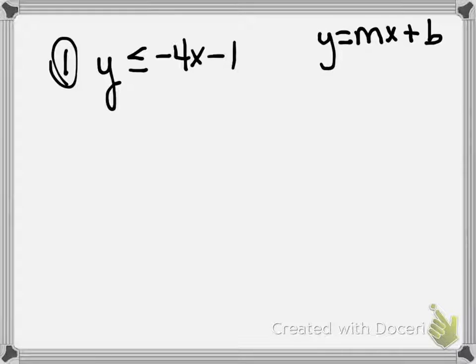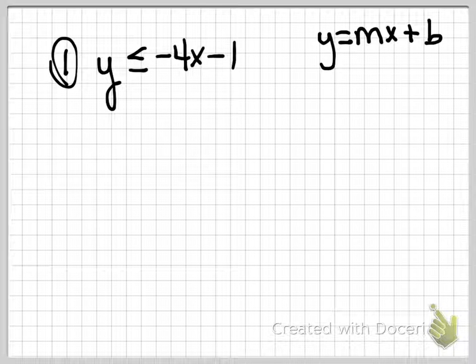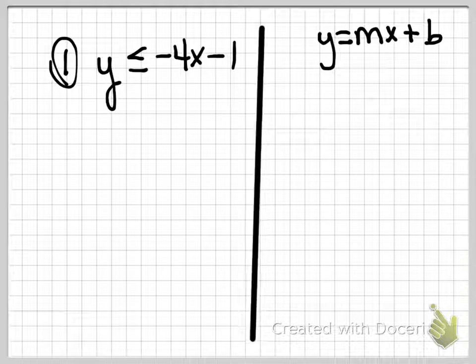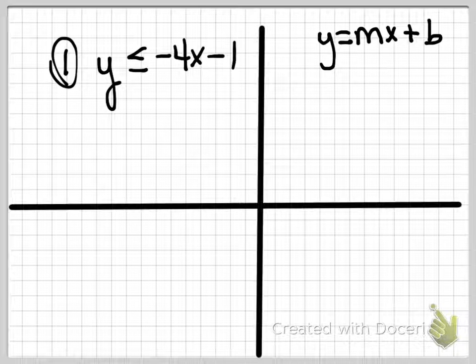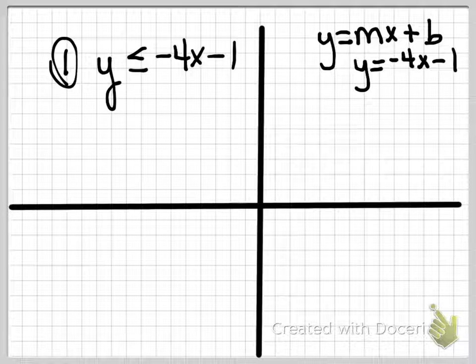It's a linear relationship, and previously, before you had an inequality symbol in between those things, you had an equal sign. It might say y equals negative 4x minus 1. And that is exactly where you start with these inequalities.